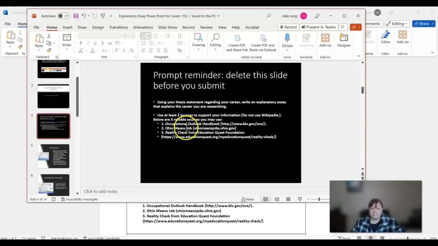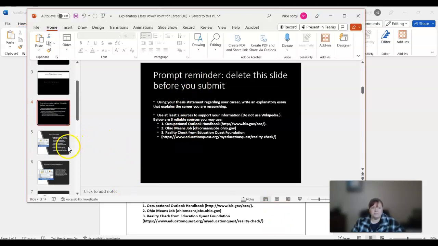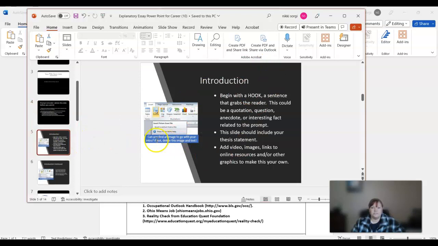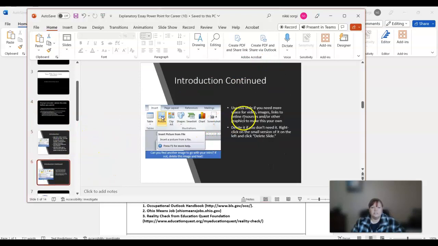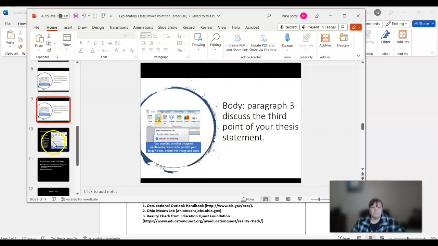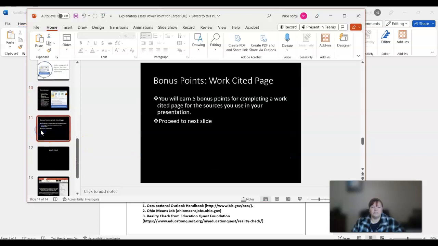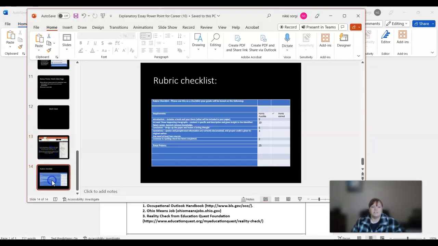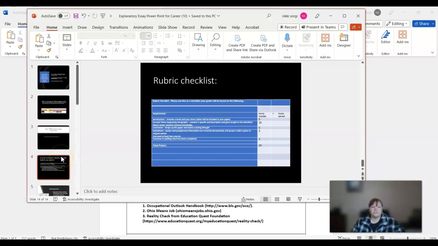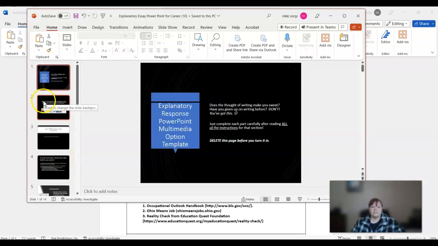This is the prompt that is on this, the pre-write and everything, so it's all the same. You'd put your introduction here. You can use 2 pages if you need to. You've got body paragraphs, conclusion. We're excited. But this one you get to kind of add pictures to and make it more creative. So that is an option for you as well.